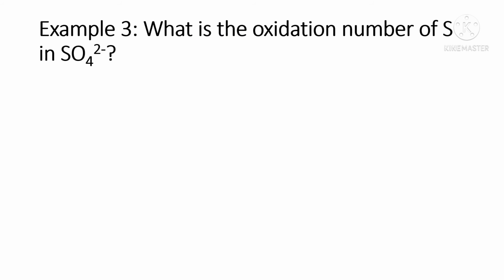Example 3, we want to determine the oxidation number for sulfur in the sulfate ion. So the sulfate ion is a polyatomic ion with total charge equal to -2. So therefore, the oxidation number for the sulfate ion is -2. And how do we determine the oxidation number for sulfur? So in the sulfate ion, there is 1 sulfur atom and there are 4 oxygen atoms.